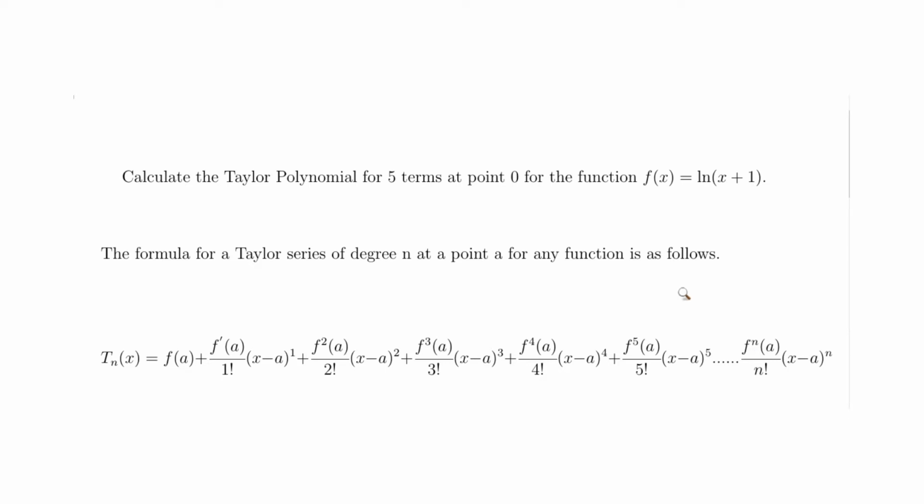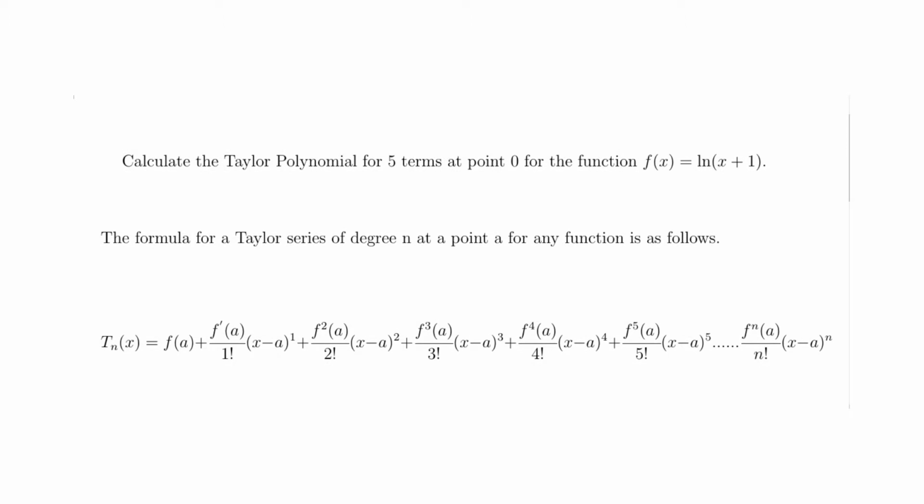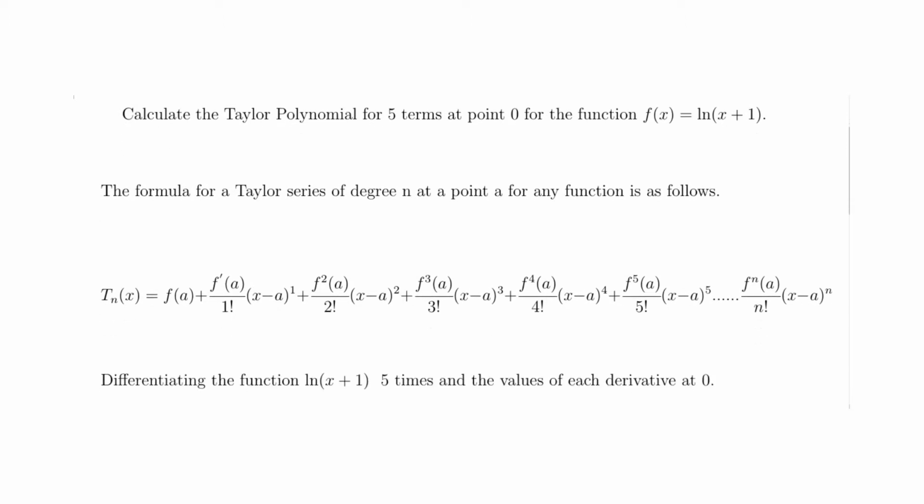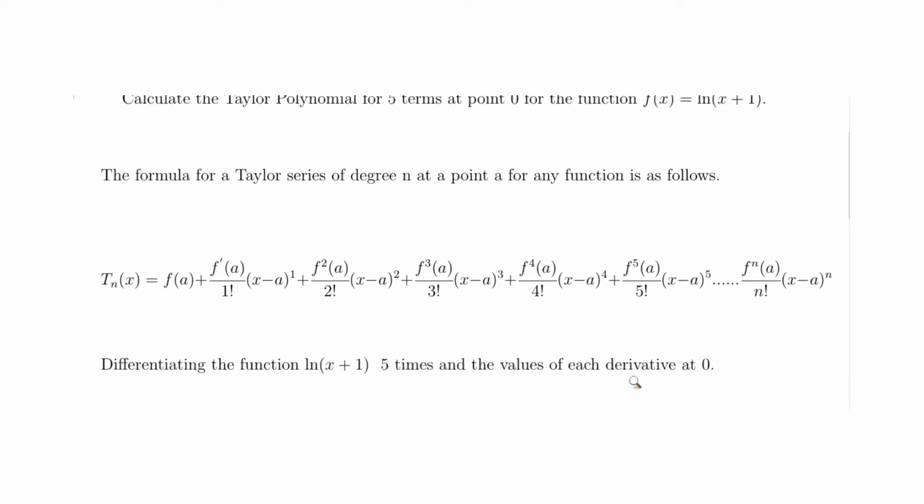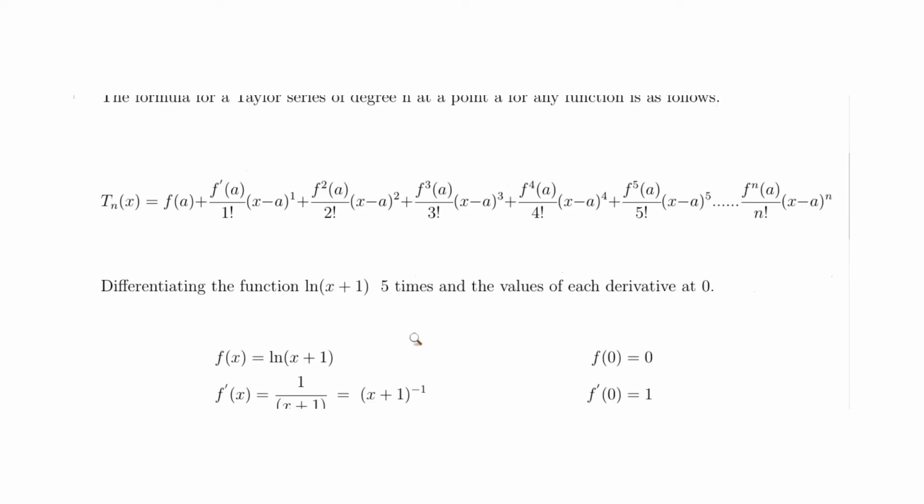So next what we're going to do is we're going to differentiate the function ln of x plus 1, 5 times. And then each time we differentiate it, we're going to calculate the value of each derivative at 0. So we draw up a nice little table.